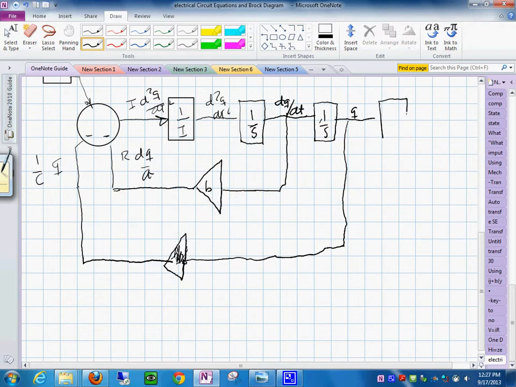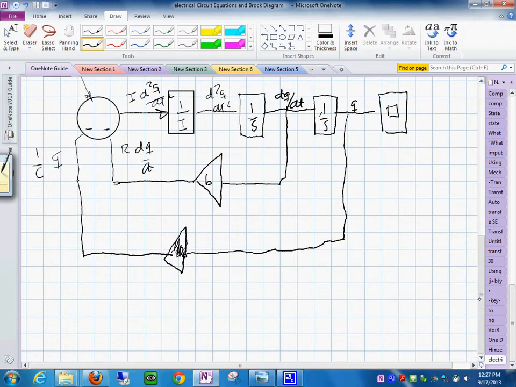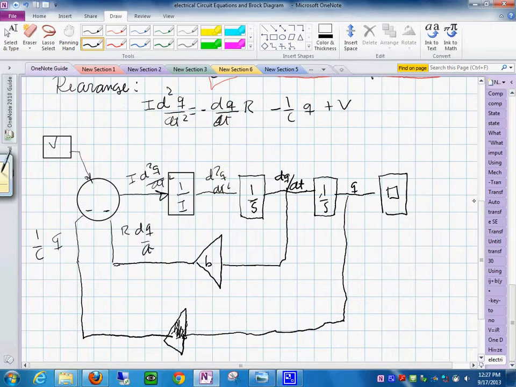This is the file that we could take to Simulink. Okay, so with this, it could be put into a computer program here. That's how we generate the block diagram for the circuit.